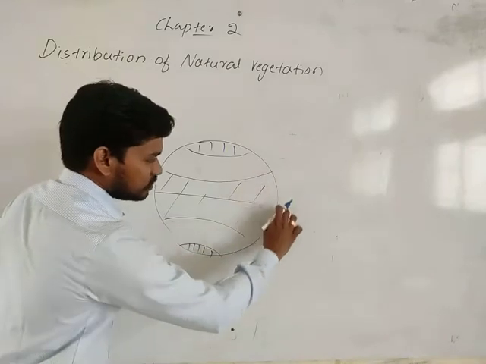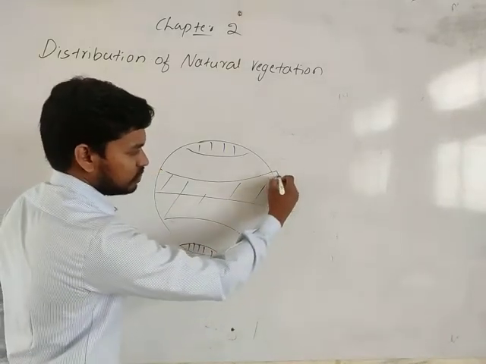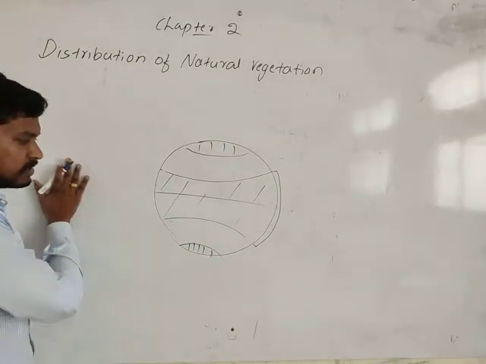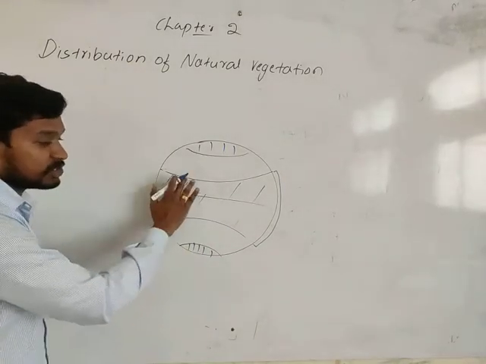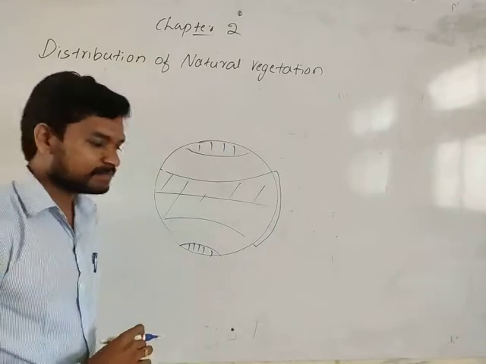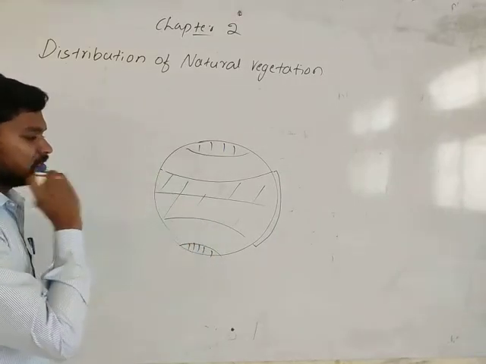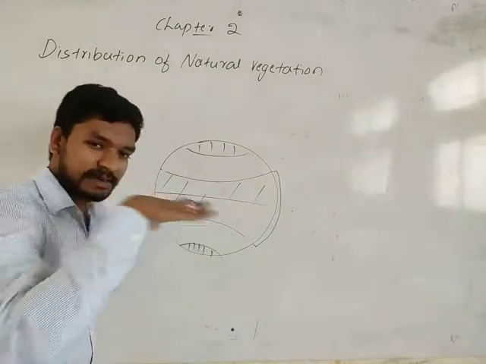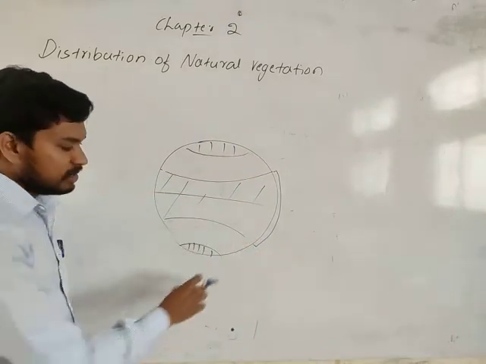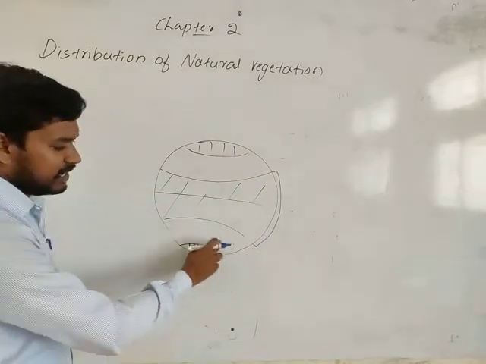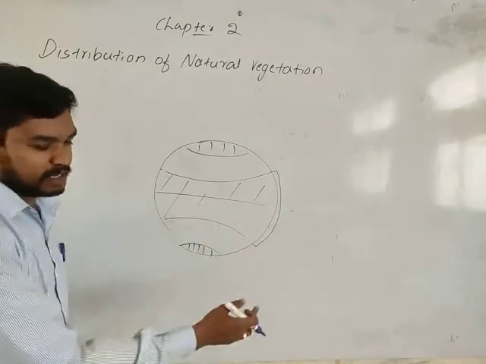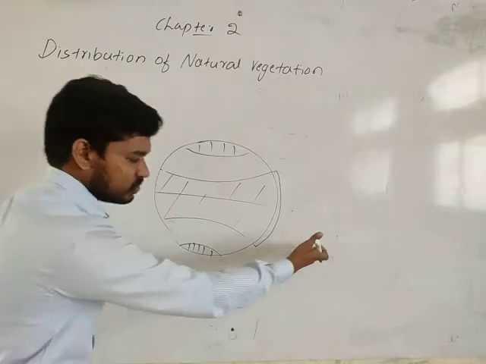The areas that receive high temperature are called the torrid zone, because direct sunlight falls on this area throughout the year. And here it's the temperate zone, the area which receives slant sunlight. For 6 months it receives direct sunlight, and for the next 6 months it does not.